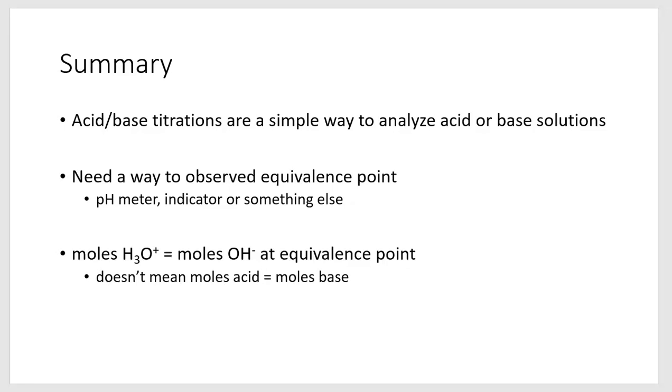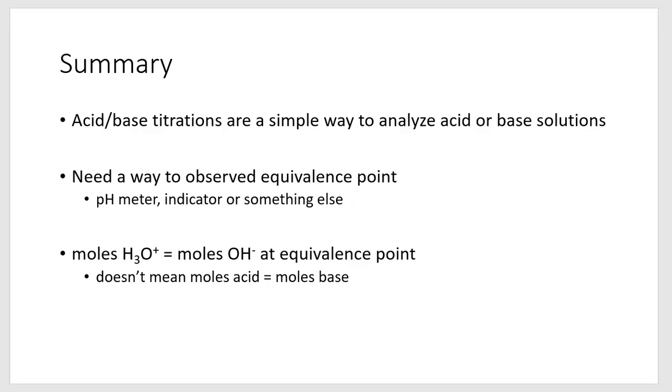So in summary, these acid-base titrations are a really simple way to analyze solutions. You need a way to observe the equivalence point, but a lot of times we use indicators, which are really cheap and easy to do. And one big idea is that the moles of the acid and base are going to be equal at the equivalence point.